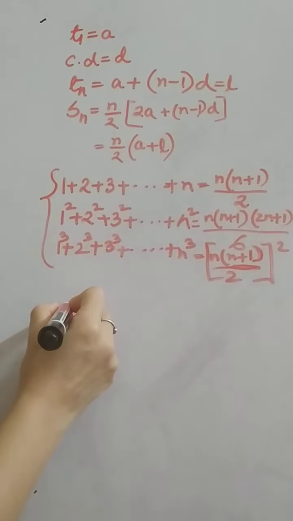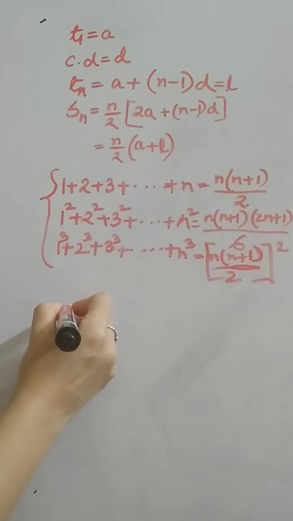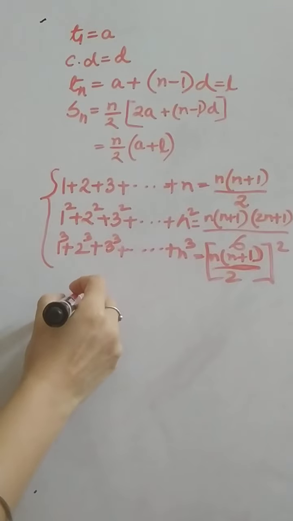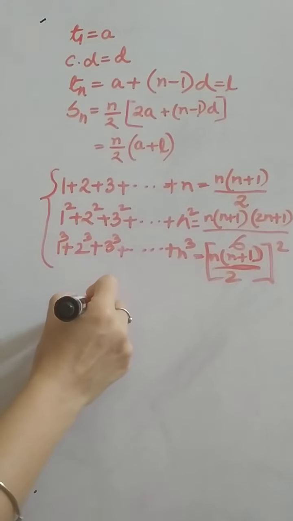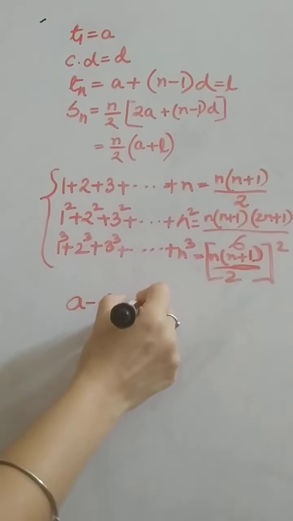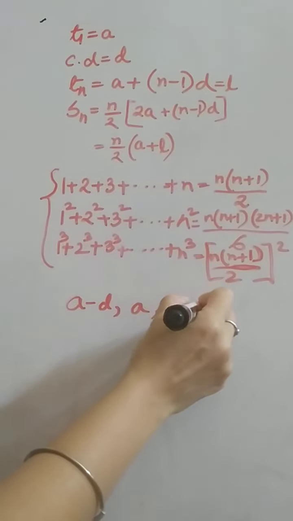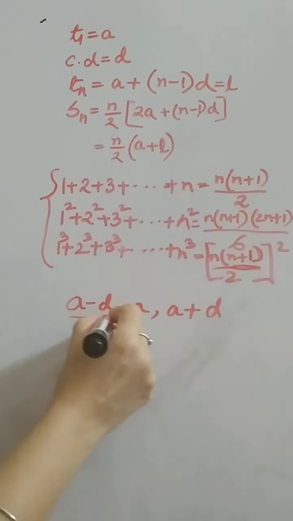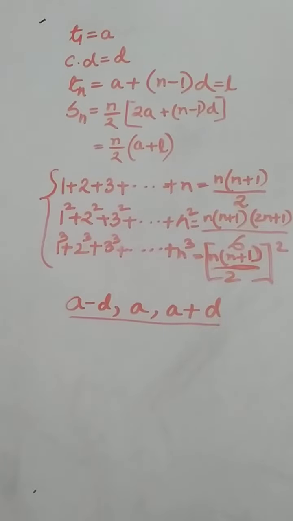Suppose it is said in a question that 3 terms are in AP, then we are going to consider the terms as a minus d, a and a plus d. These 3 terms are in AP.